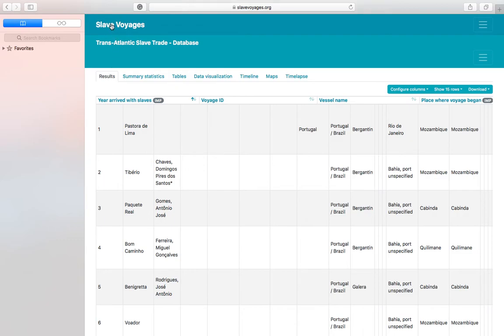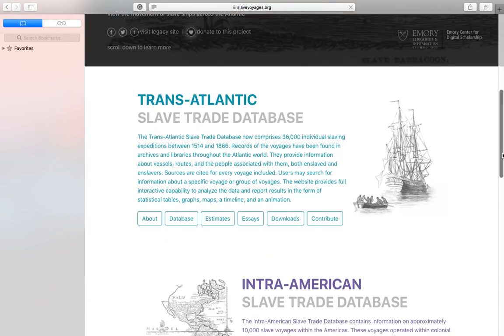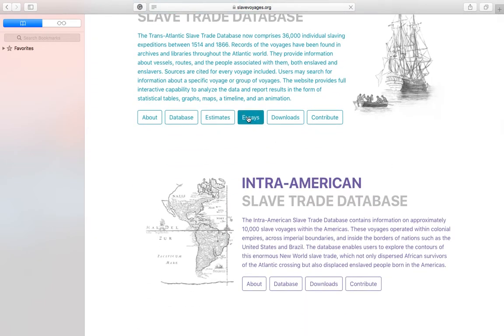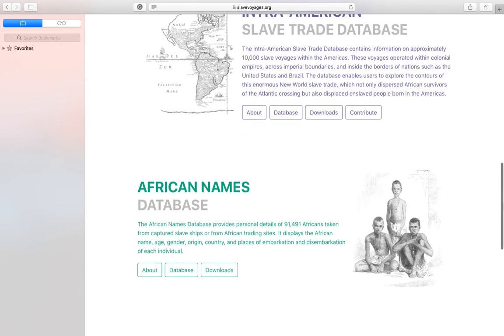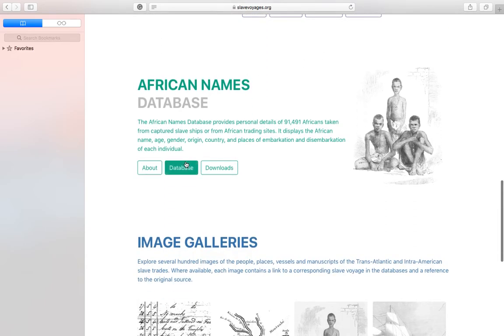Outside of this, if we go back to Slave Voyages and scroll down again, there are essays. You will want to use this part for some of the final questions, estimates, and you can certainly even look at these other aspects, which is about the intra-American slave trade, or about the 10,000 voyages that are made across the Western Hemisphere, displacing peoples, and even look at the African name database, which provides personal details of over 90,000 Africans taken.